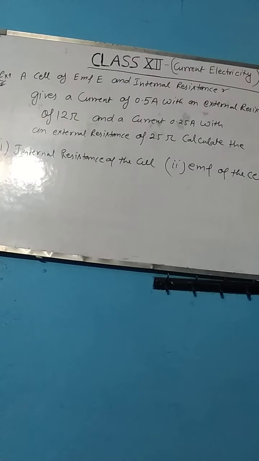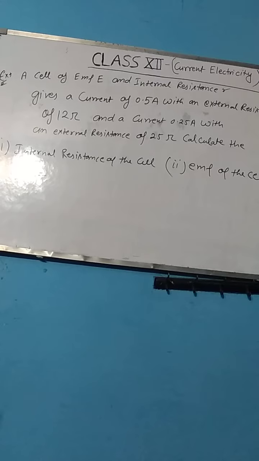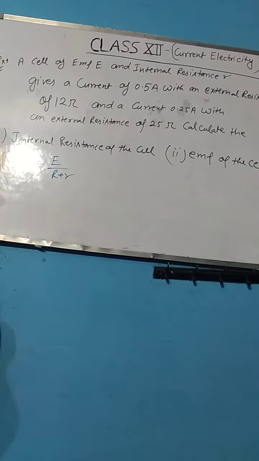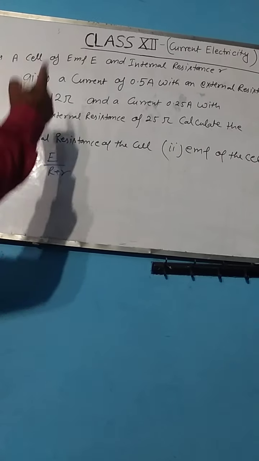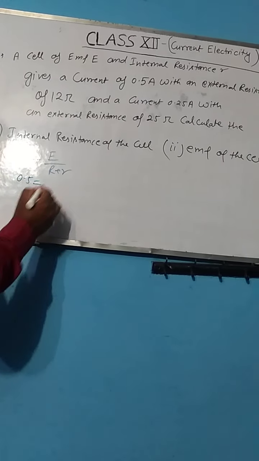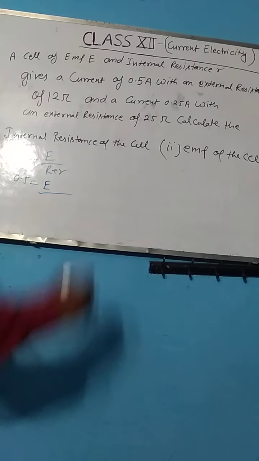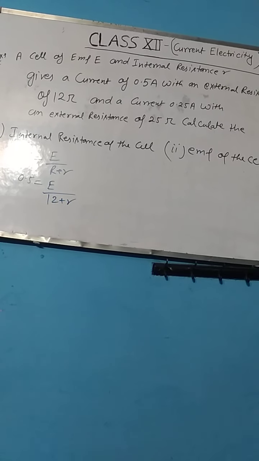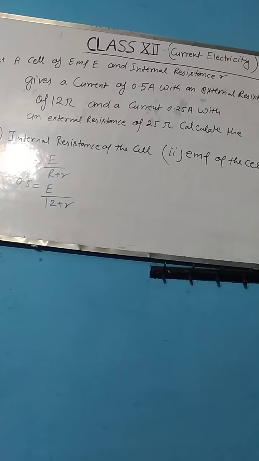So it will be calculated by I equals E by R plus r. For the first case, 0.5 ampere equals E by 12 plus small r. For the second, 0.25 equals E by 25 plus r.